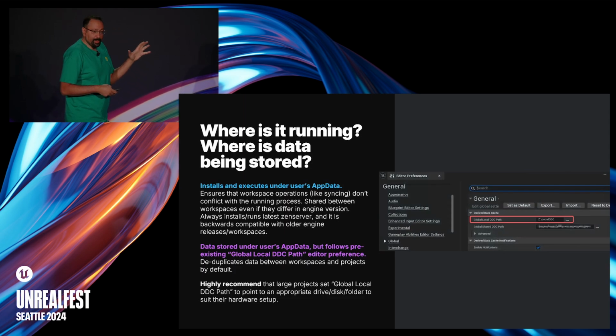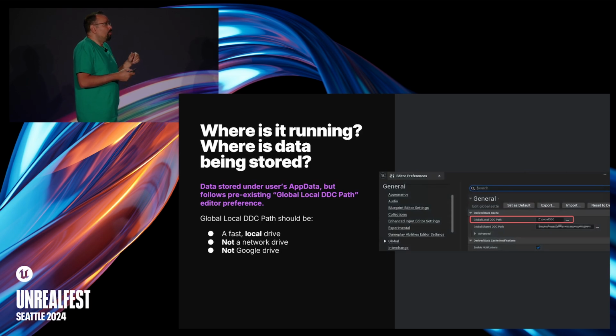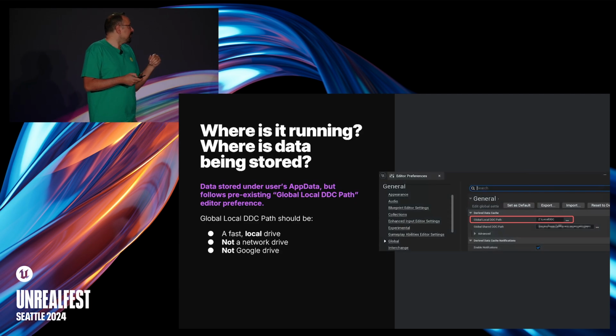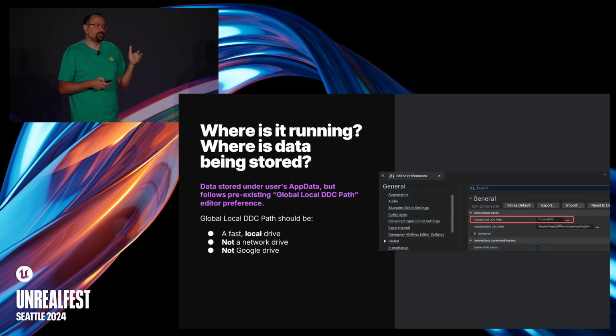We highly recommend that large projects set this setting. So what should you use for the data location for ZenServer? The global local DDC path should point towards a fast local drive, not a network drive, and not a cloud or virtual drive like Google Drive.